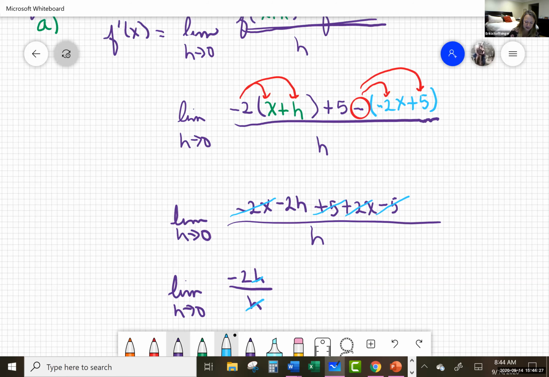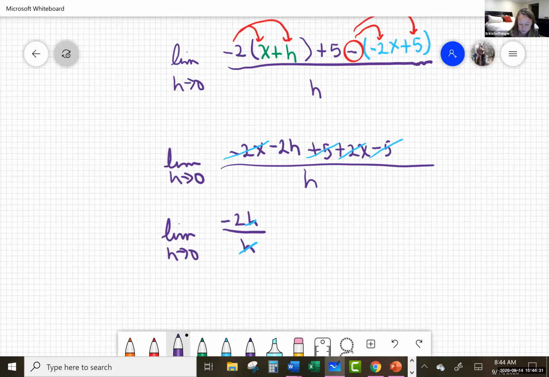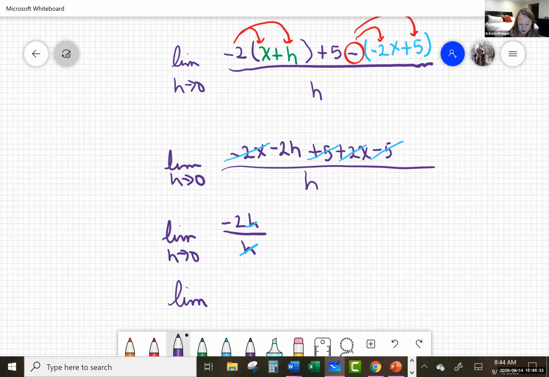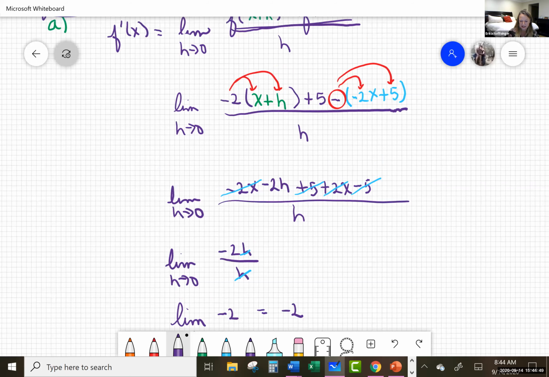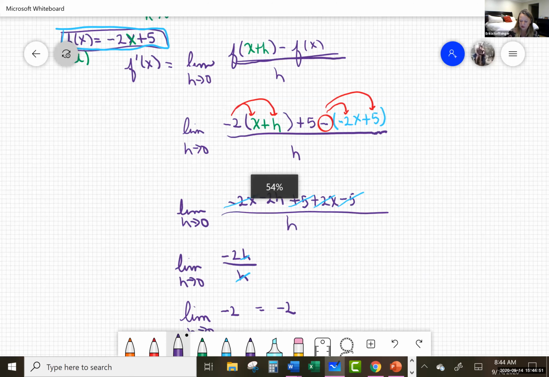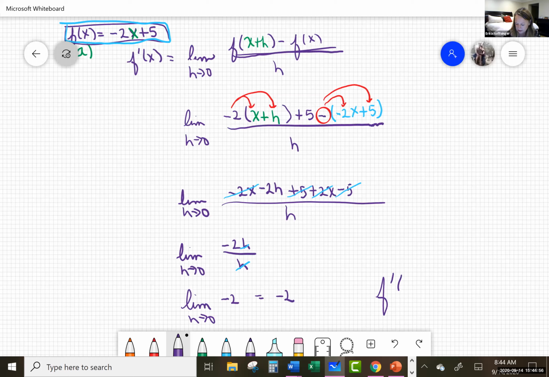The h cancels, and we get the limit as h approaches 0 of negative 2. Remember, the limit as h approaches a value of a constant was equal to that constant, equal to negative 2. So that's telling me that the slope of this line is equal to negative 2. So f prime of x is equal to negative 2.